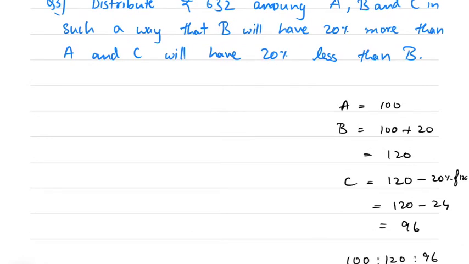We can simplify this. All are divisible by 4. 4 25s are 100, 4 30s are 120 and 4 24s are 96.